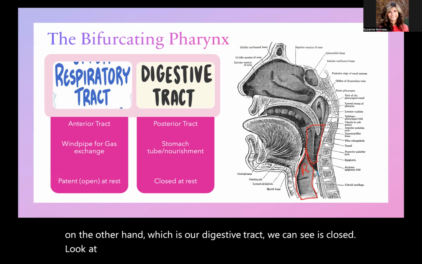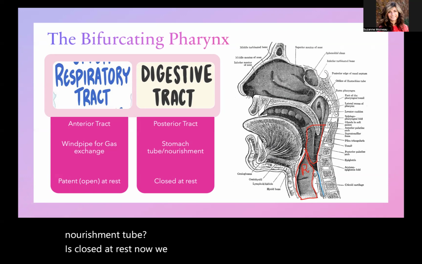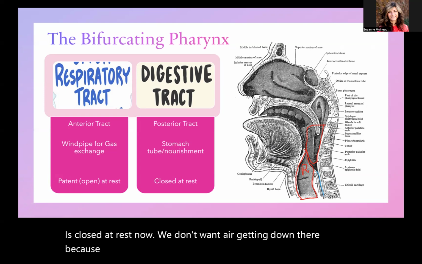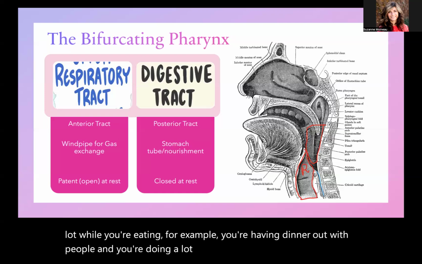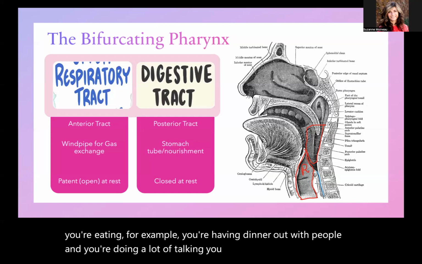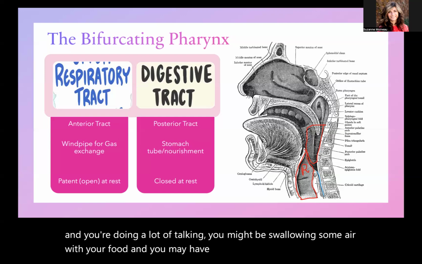Look at it back here. It's collapsed. Okay, so the stomach tube or the nourishment tube is closed at rest. Now, we don't want air getting down there because we would get a bloated chest, right? So, if you're talking a lot while you're eating, for example, you're having dinner out with people and you're doing a lot of talking, you might be swallowing some air with your food and you may have to belch, for example.